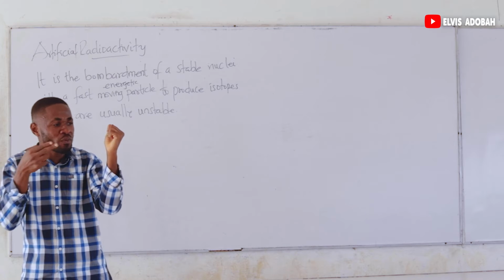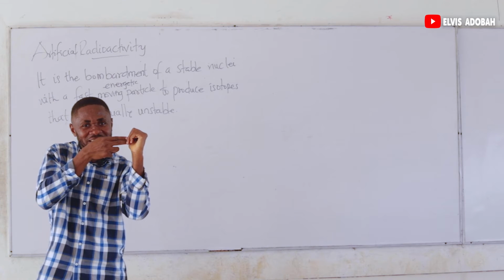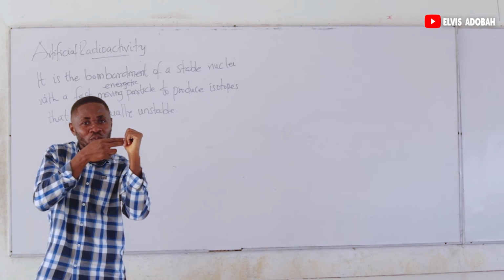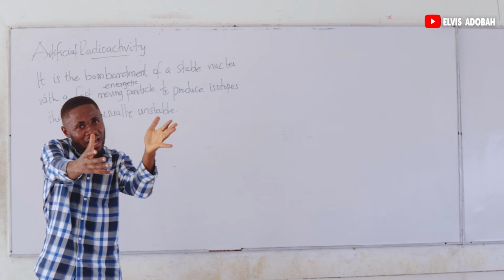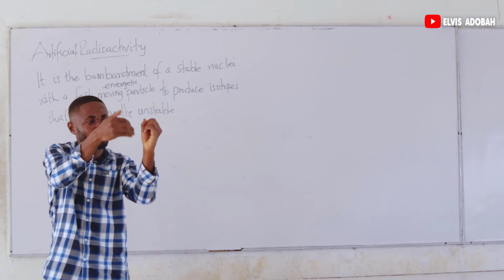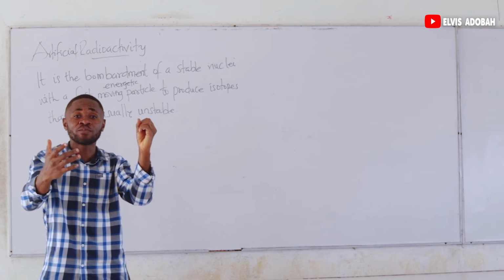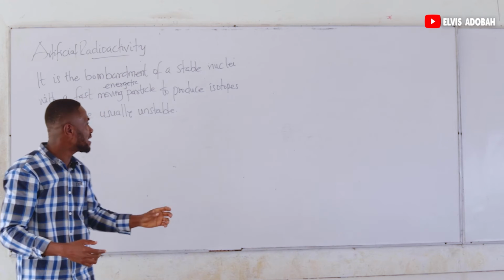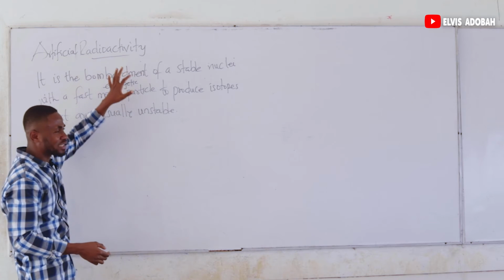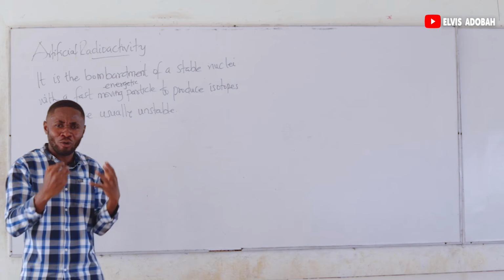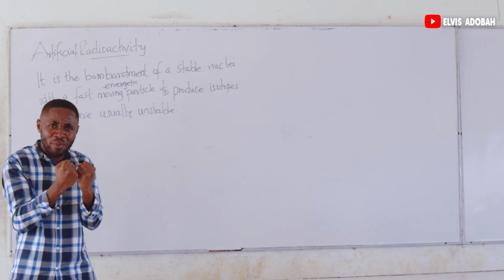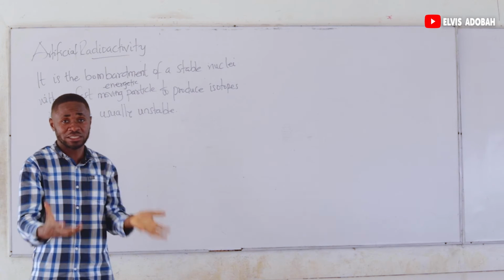So when the fast-moving particle enters the stable isotope, it forms a different isotope, and this new isotope is usually unstable. This artificial radioactivity is also accompanied by great amounts of energy and sometimes some radiations.